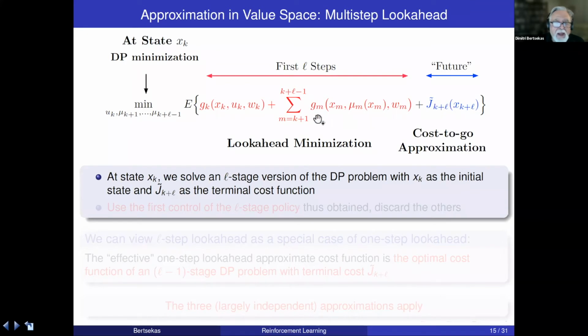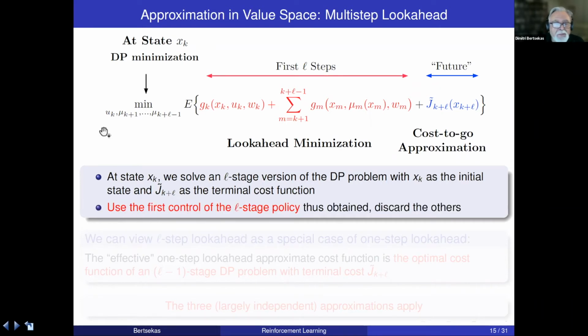So we have an infinite horizon problem, but at state xk, we solve an L stage version as opposed to a one stage version of the dynamic programming problem, with xk being the initial state and J tilde k plus L steps ahead being the terminal cost function approximation.